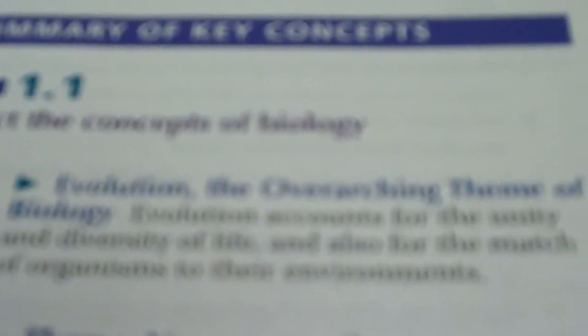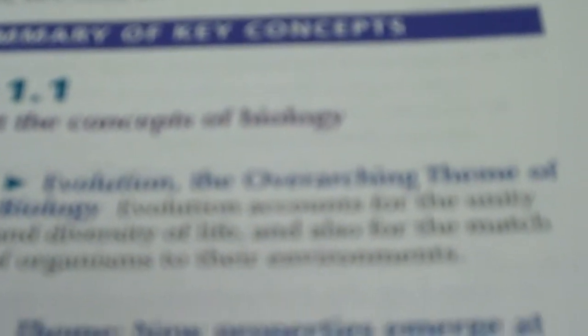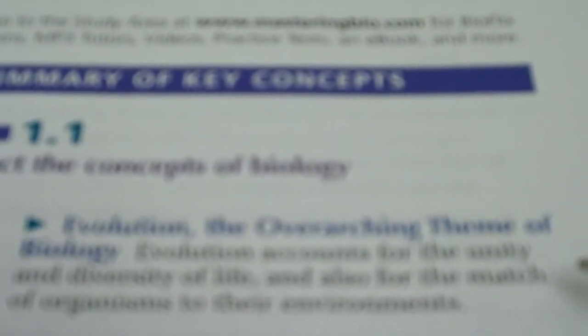So for example, this first part where it says, evolution is the overarching theme of biology. It accounts for the unity and diversity of life and also for the match of organisms to their environment. I'm going to write that like this. Evolution is the main theme.